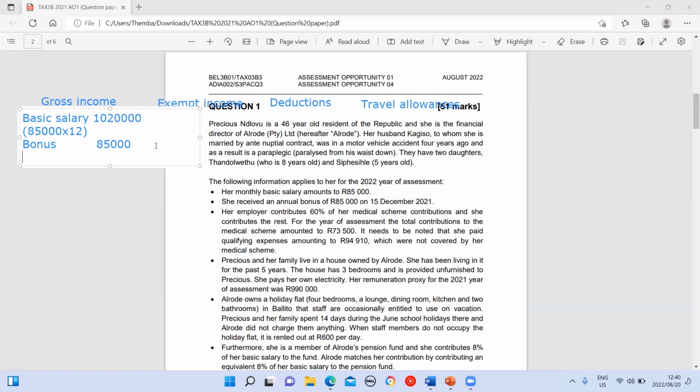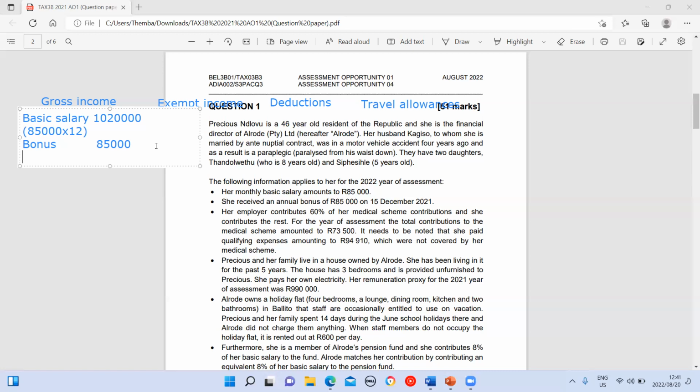In terms of this information, they say that her employer contributes 60% of her medical scheme contributions. In substance, what is that? It is an amount received from the employer, no? And that amount is going to medical aid contributions. Even if it's not received by the taxpayer, it's for the benefit of the taxpayer. So as a result of this amount being received from the employer in substance, it will be included in your gross income as per the paragraphs under the gross income definition.